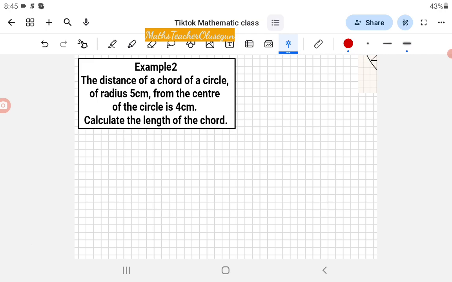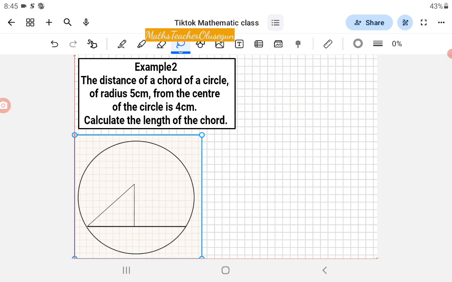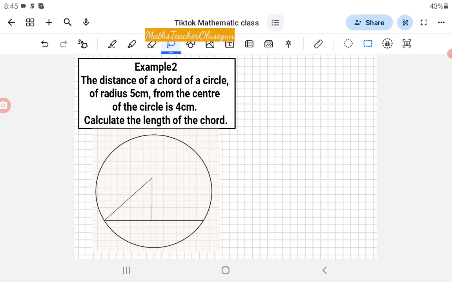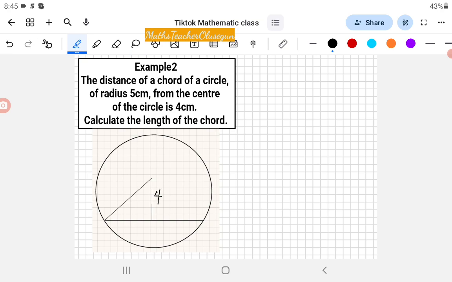Let's draw a diagram that illustrates this. We have been given the radius of 5 centimeters, and the distance of the chord from the center, which is 4 centimeters. This is the center, and this is A.